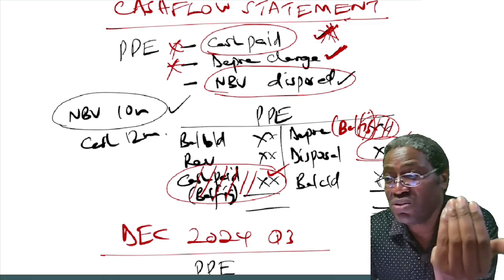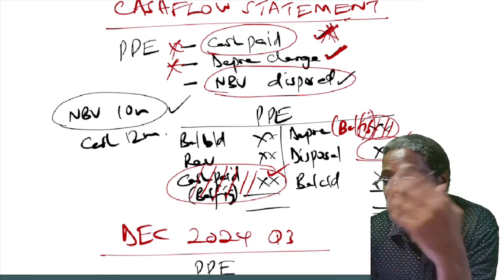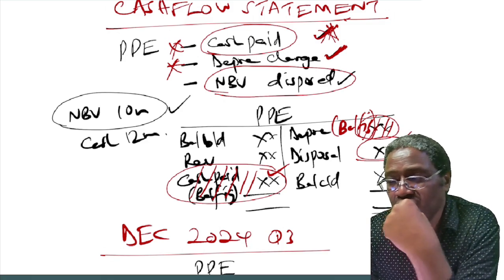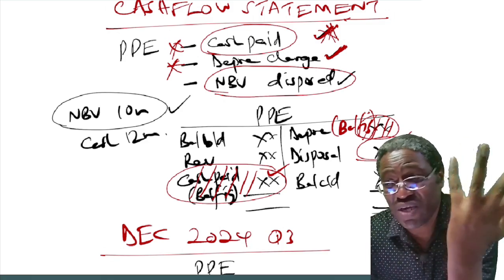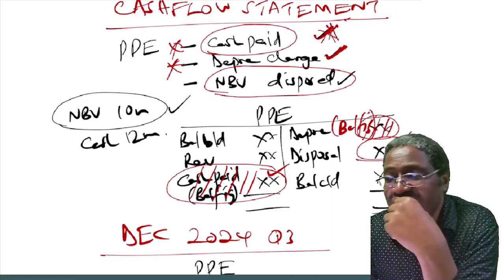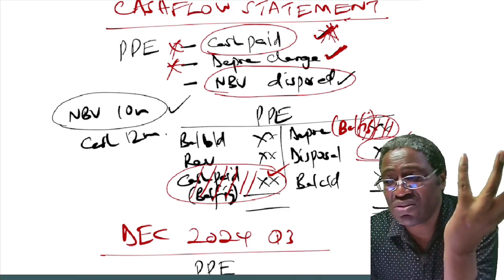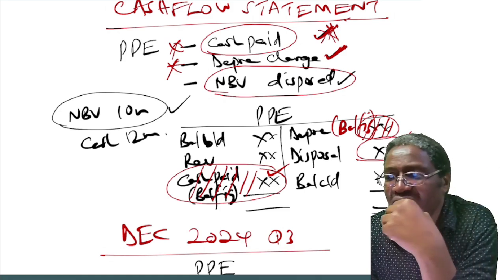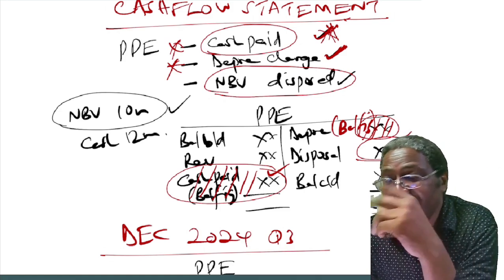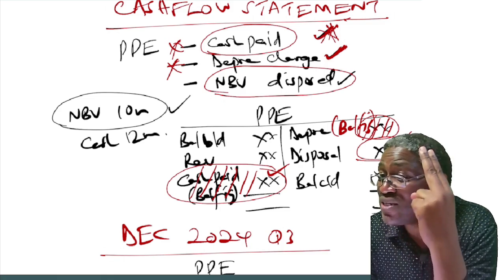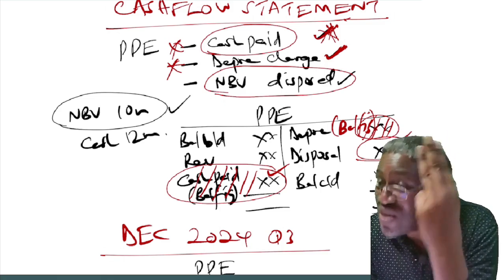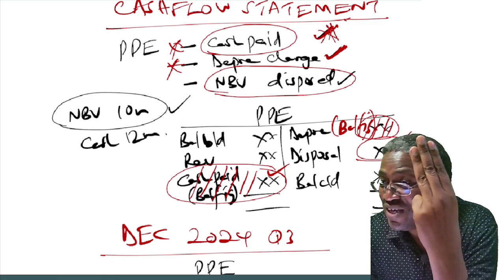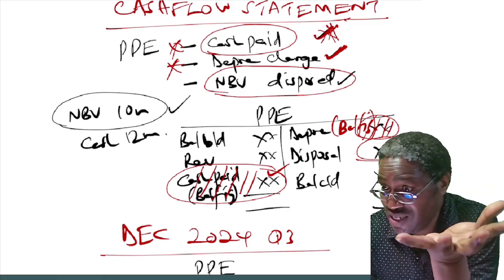They just tell you, during the year the company acquired some new property. But they don't tell you how much. So you will have to get it. And they don't tell you about depreciation, which automatically you know there must have been depreciation.